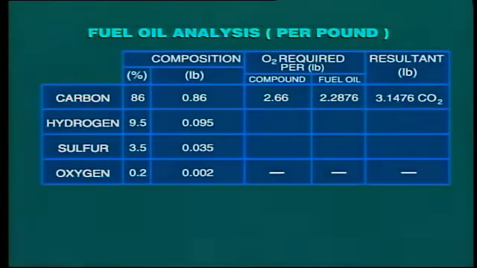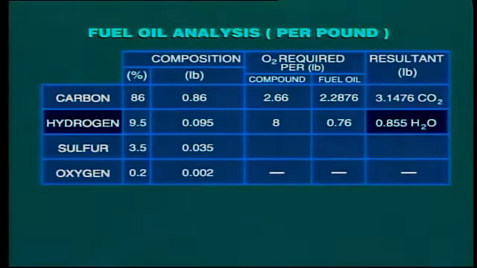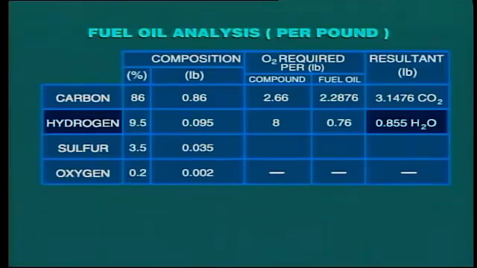Now let's look at the hydrogen content, that is 0.095 pounds. Multiplying this by 8, we find that 0.76 pounds of oxygen needs to be provided, with the resultant production of 0.855 pounds of H2O in the form of vapor.